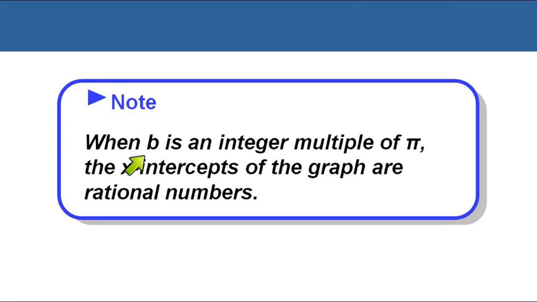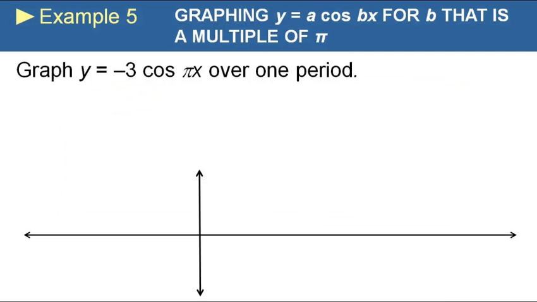Now, when we've had b so far, it's always been just a number. But if b is a multiple of pi, the x-intercepts of the graph are going to be rational numbers. Instead of counting the x-axis in pi's, we'll count it in whole numbers, which is easy enough. So let's take a look at one.